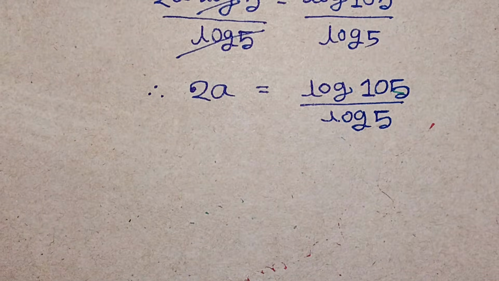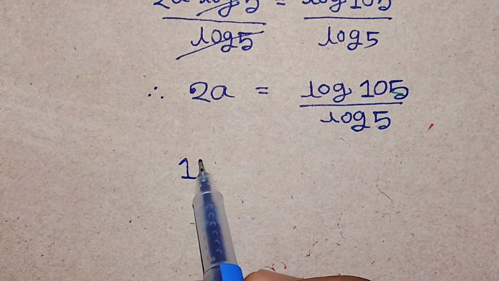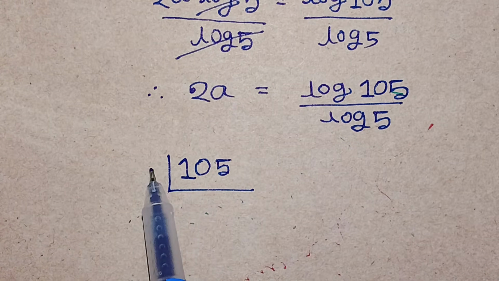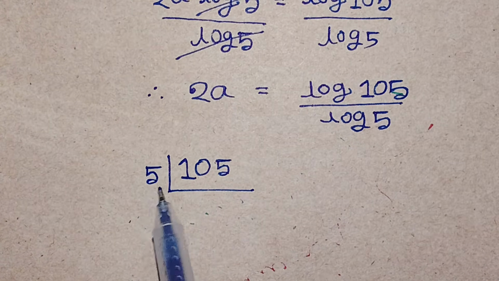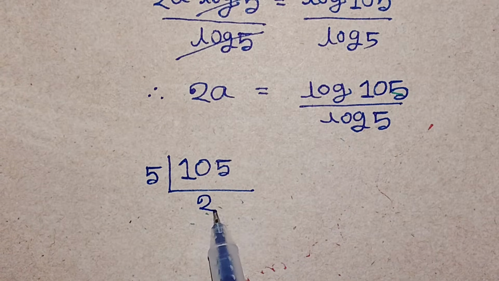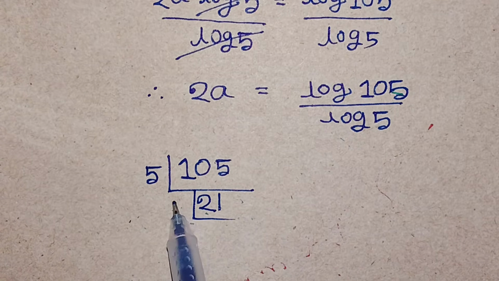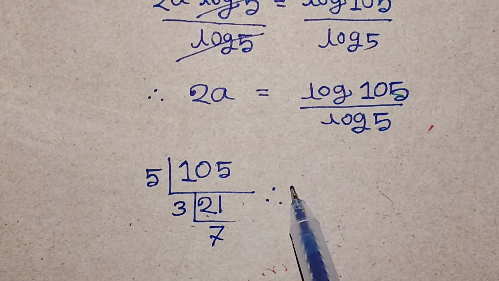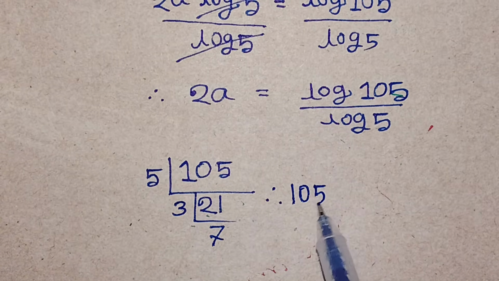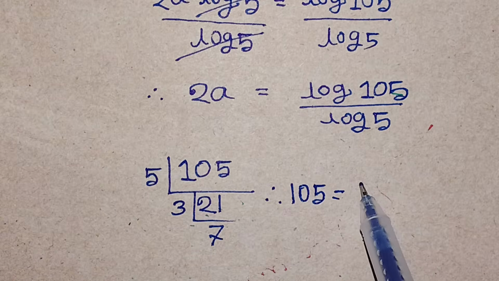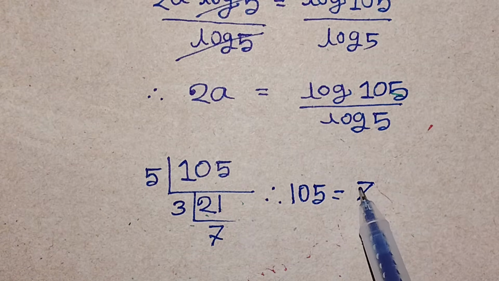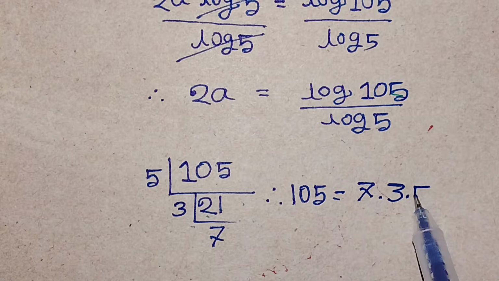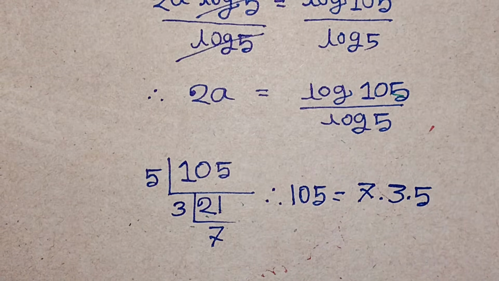Alright, now here we can write 105 divided by 5, then we'll get 21. 21 divided by 3 will be 7. So we can write 105 as 7 times 3 times 5.